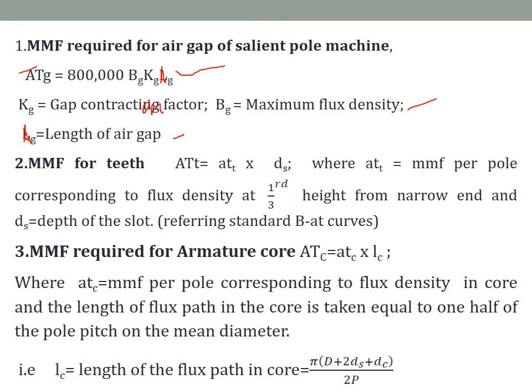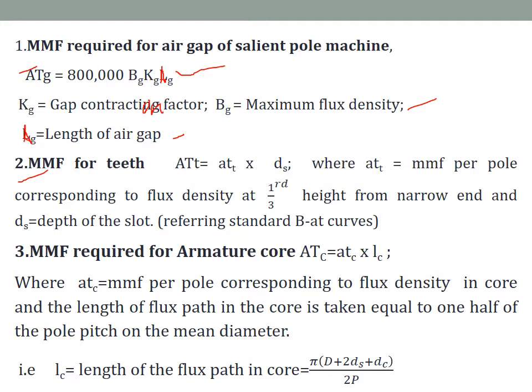Now the MMF for teeth is equal to AT_t into d_s. So d_s is the depth of the armature slot, so the depth of the teeth is equal to the depth of the slot. AT_t is the MMF per pole corresponding to the flux density at 1/3 height from the narrow end, and d_s is the depth of the slot.